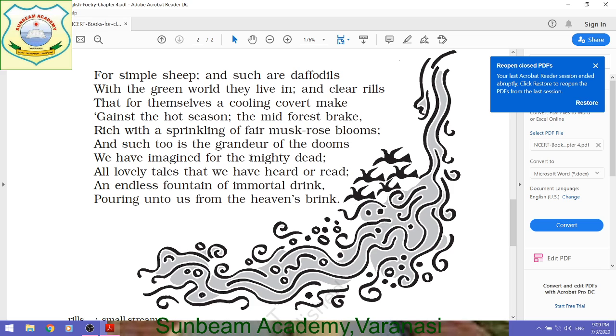So the poet says that such too is the grandeur, meaning the glory, the achievement of the dooms we have imagined for the mighty dead, our forefathers.